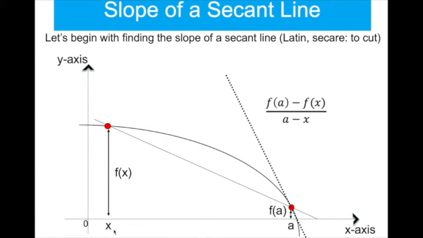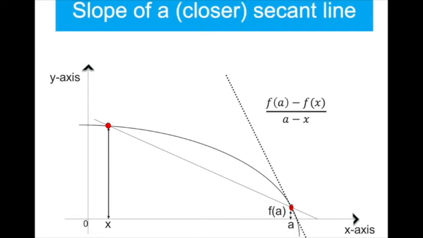So that is the slope of the secant line. But this secant line is still too far from the tangent line, meaning we have to bring it closer, so that it becomes a better prediction of the slope of the tangent line. Now let's bring that secant line closer.